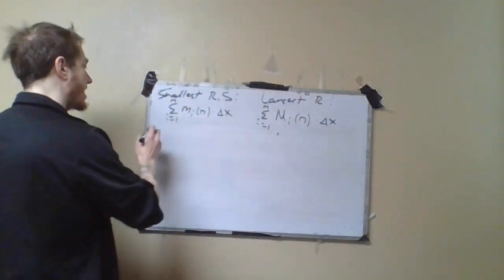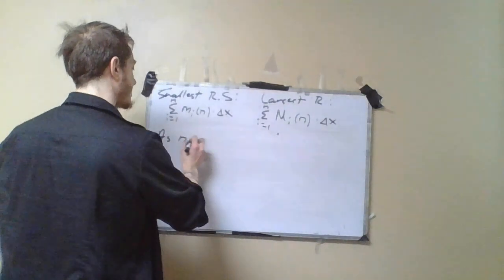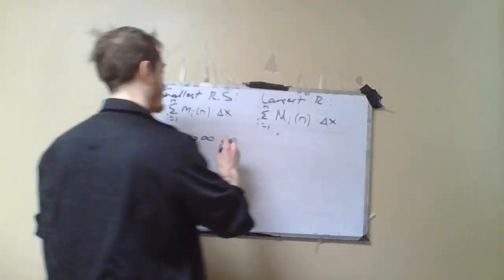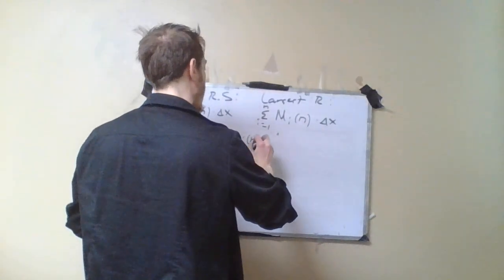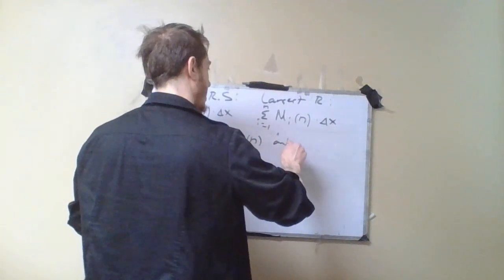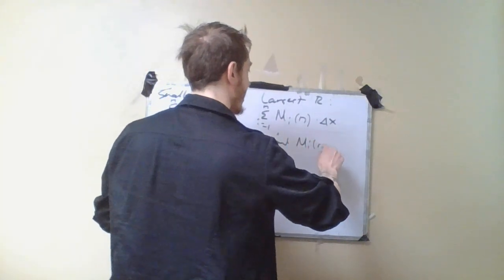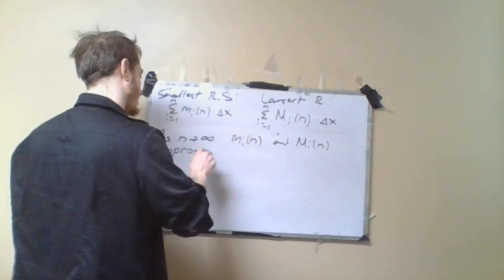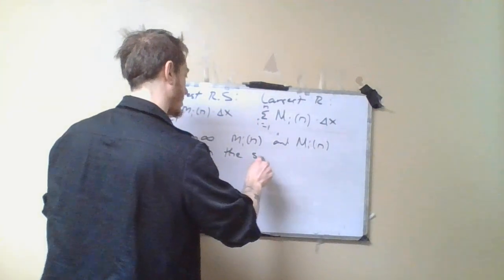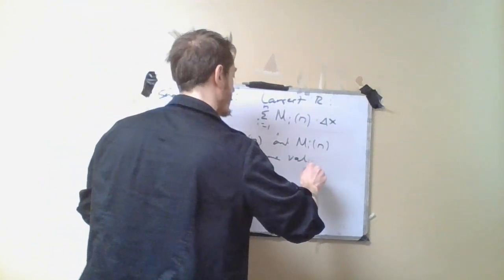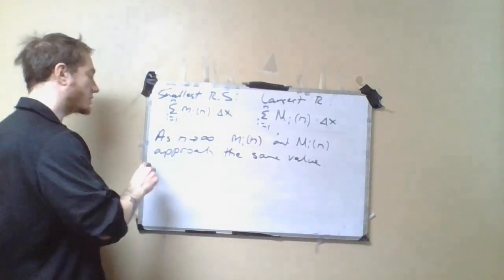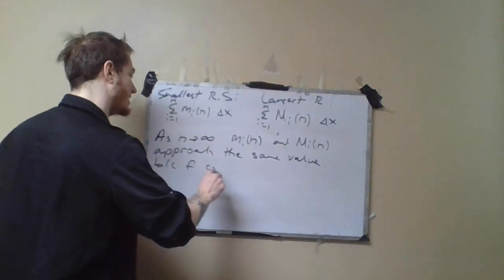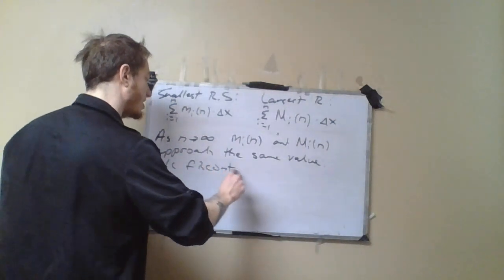So the thing is that notice, as n approaches infinity, m_i of n and capital M_i of n approach the same value. This is because f is continuous.